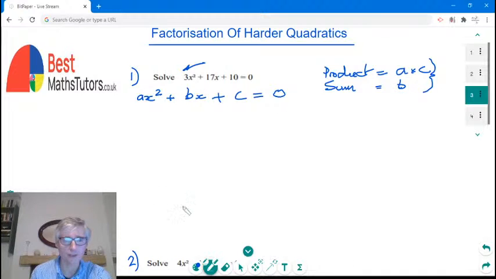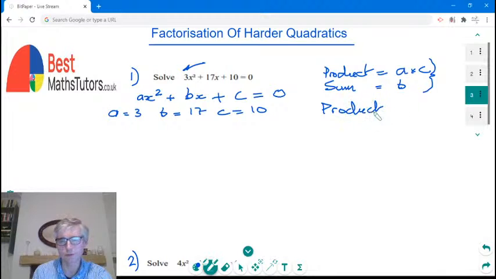So in our case, I'm just going to list what a, b, and c are, and we've got a is equal to 3, b is equal to 17, and c is equal to 10. So the product is a times c, so it's 3 times 10.